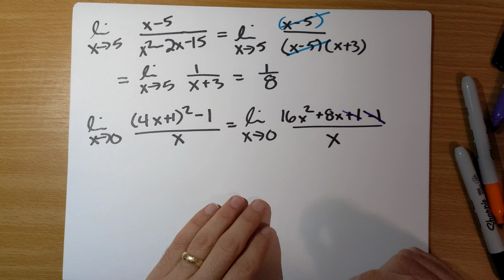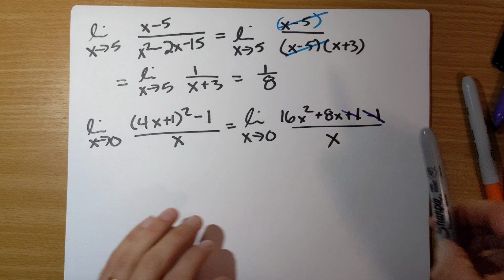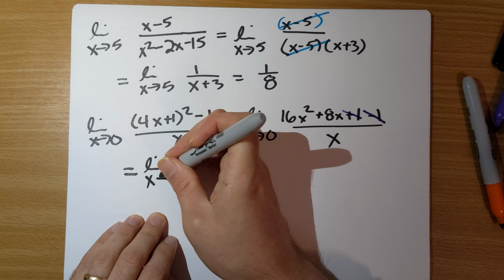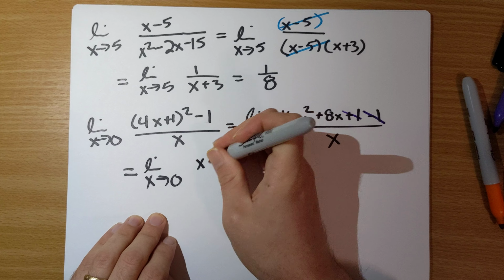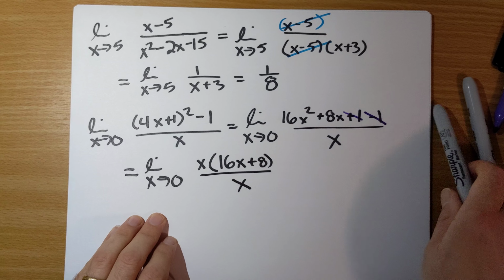Okay, let's look for cancellations. The plus 1 and minus 1 cancel here, and upstairs we have a factor of x. So let's factor that out: the limit as x goes to 0 of x times 16x plus 8, all of that over x.